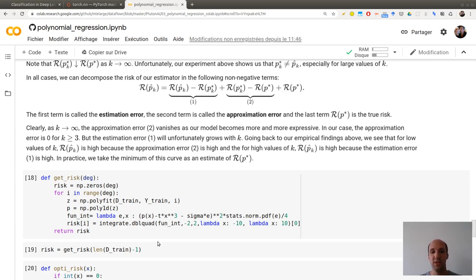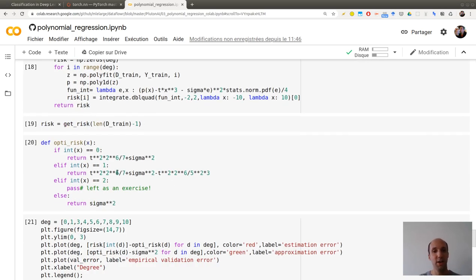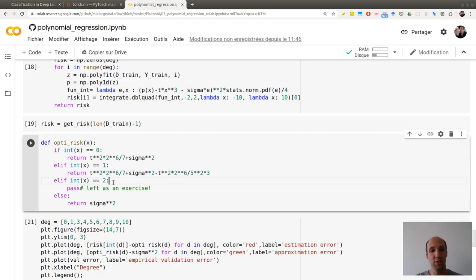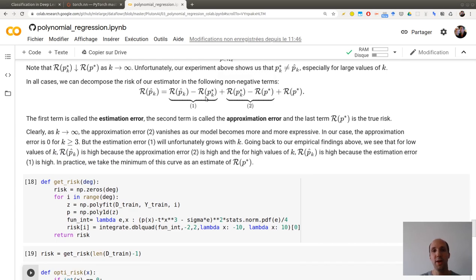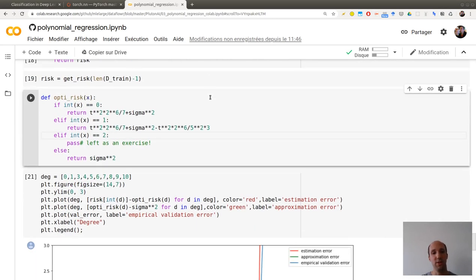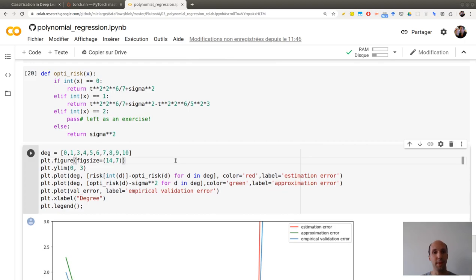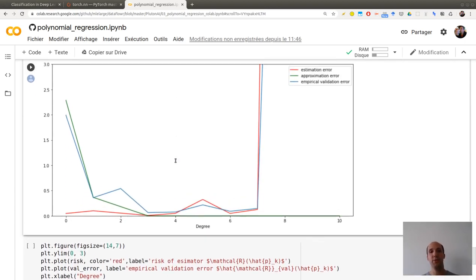So this is with this integral. And for the p*_k, you need to do the math, and I didn't have time to do all the math, so I left as an exercise the case to compute this optimal risk for k equal to 2, when the maximal degree is 2. So here is what you obtain.